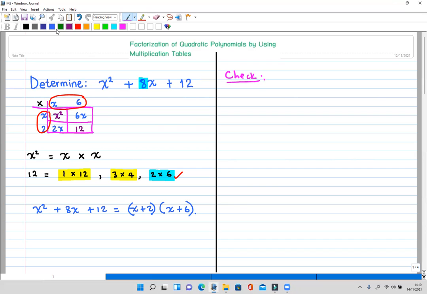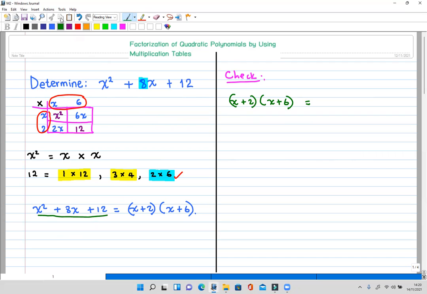We are going to get the factorized version of this quadratic polynomial, which is (x + 2)(x + 6). We simplify it and see whether we get back to this one.